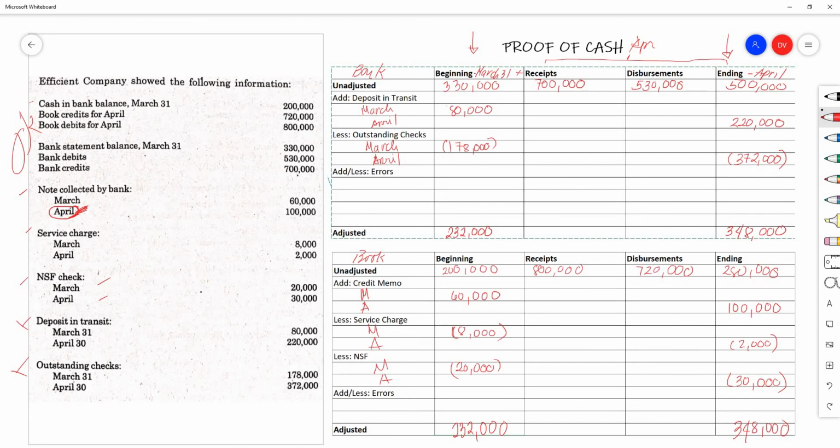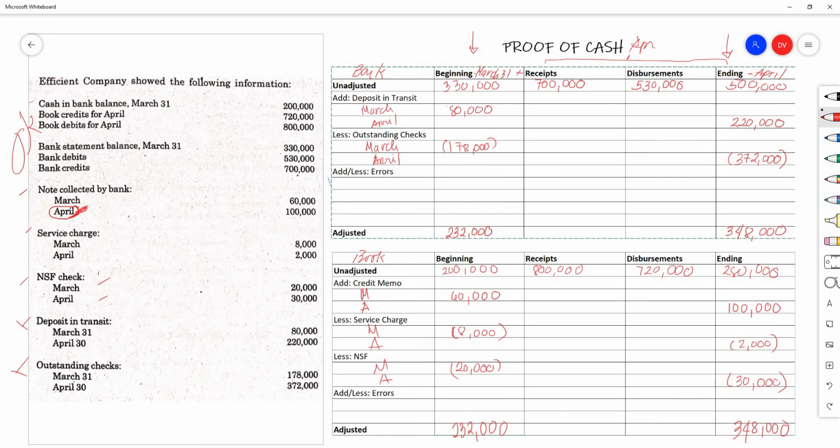From receipts up to ending, April yan. So, ibig sabihin, dapat ma-ascertain natin na itong lahat ng receipts na to ay receipts talaga ng April. At dapat lahat ng disbursements na to, disbursements din ng April. Ganon din sa dalawang to. Okay? Now, how do we check? Iisa-isahin natin yung transaction. Now, isipin nyo ganito, ha?